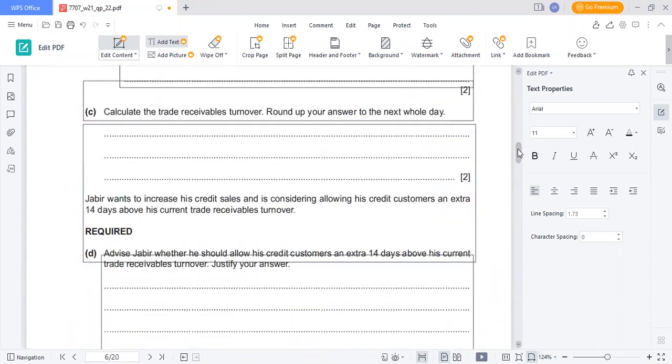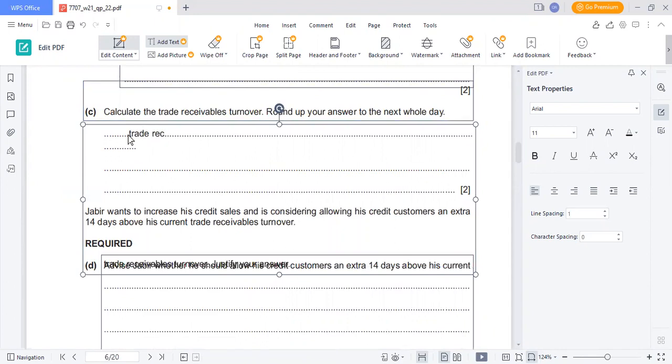Question C is trade receivable turnover is equal to trade receivables divided by sales multiplied by 365.